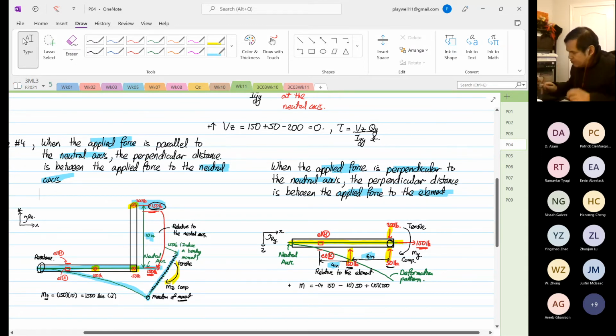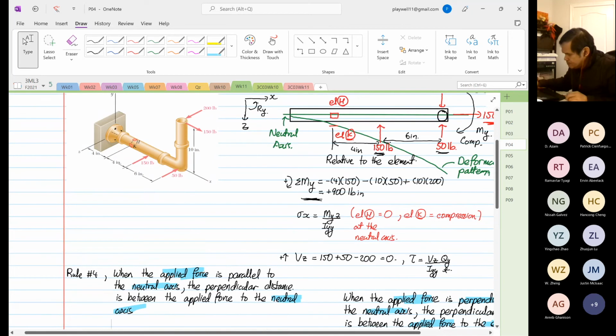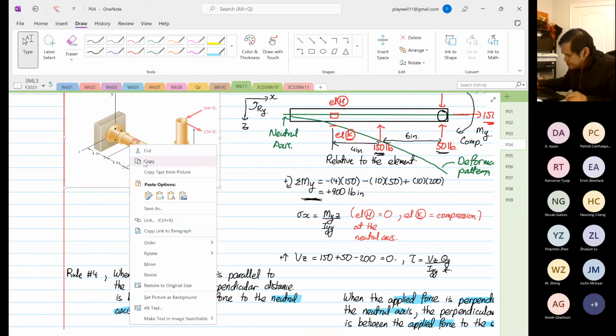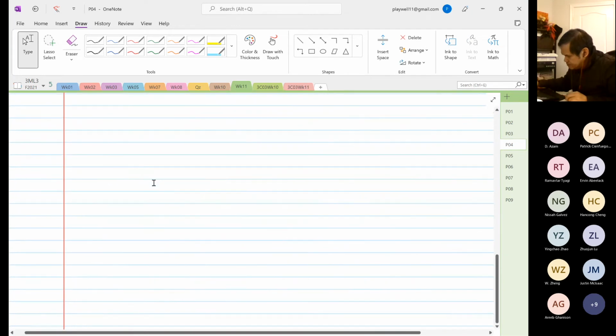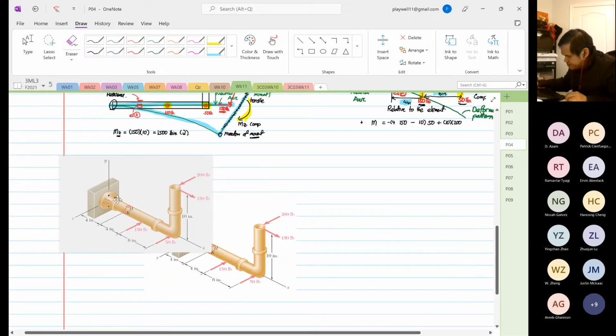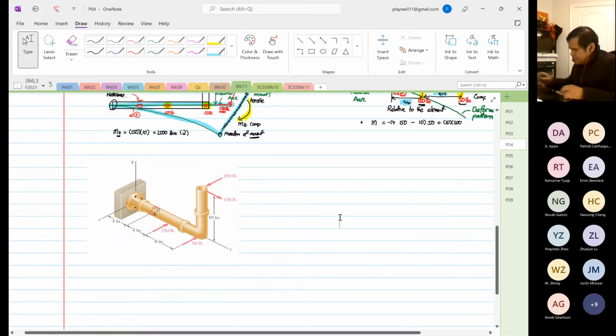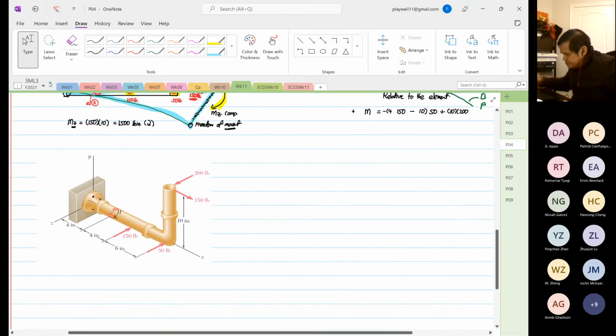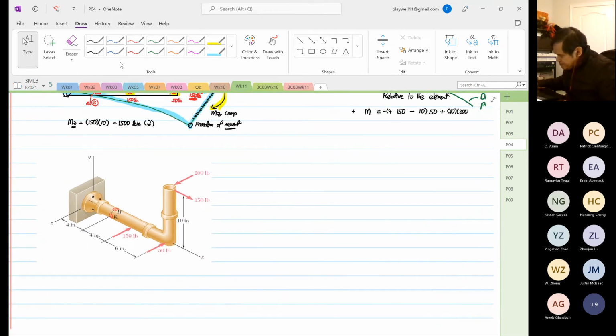And then the last view that we're going to do, okay, we are going to view it from the front.